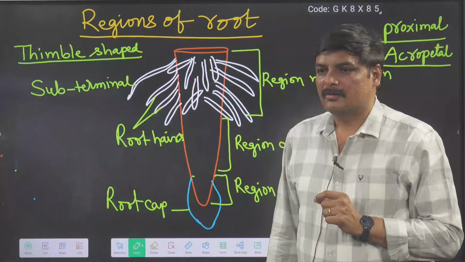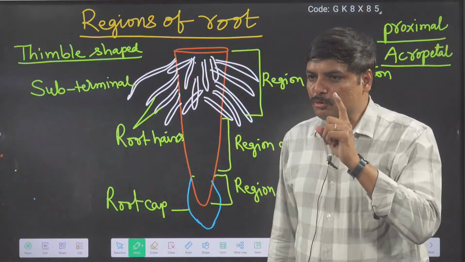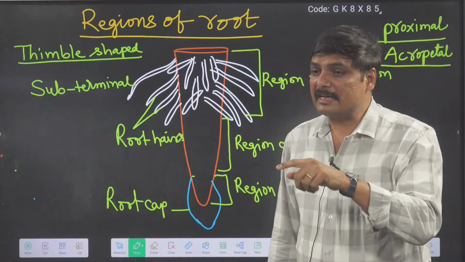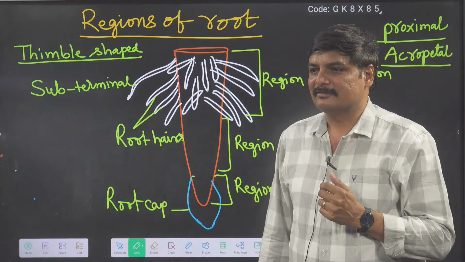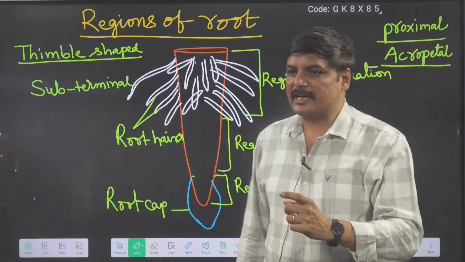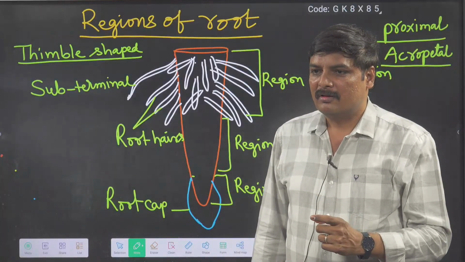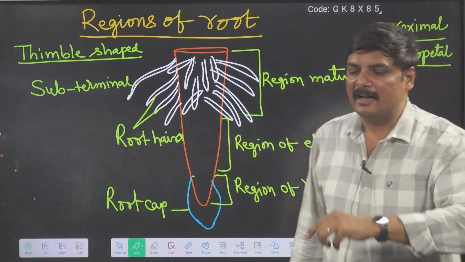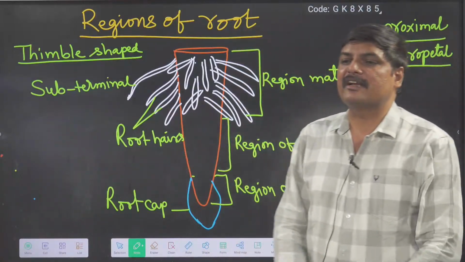Is the root cap regenerated, or once lost, can it not be regenerated? If the root cap is lost for some reason, is it again regenerated? Yes, it is regenerated.